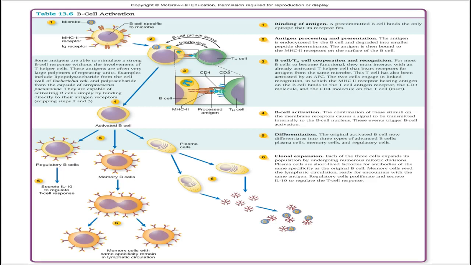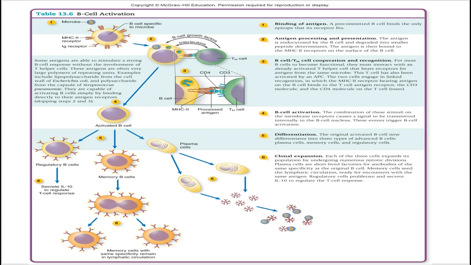This T helper cell has to be already activated by an antigen presenting cell. So an antigen presenting cell like our dendrites are going to activate that T helper cell, as we saw in the previous section.